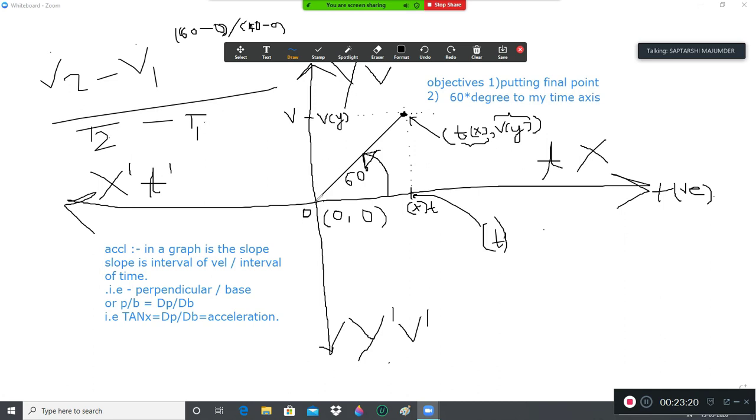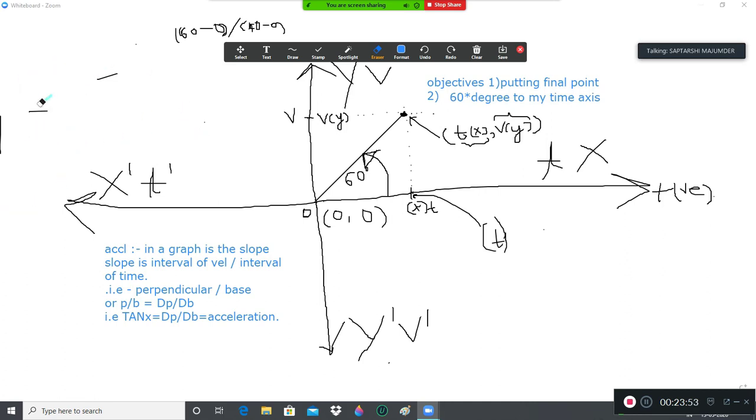This is v1, this is v2, this is t1, this is t2, and the interval between them: v2 is greater, so v2 minus v1 divided by t2 minus t1. That is what we know as acceleration. So the formula is v2 minus v1 divided by t2 minus t1.